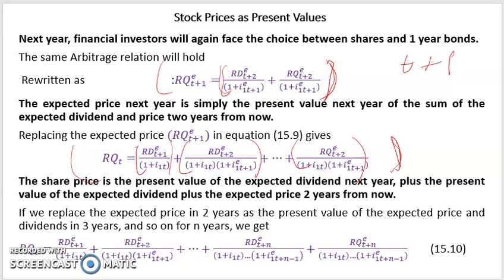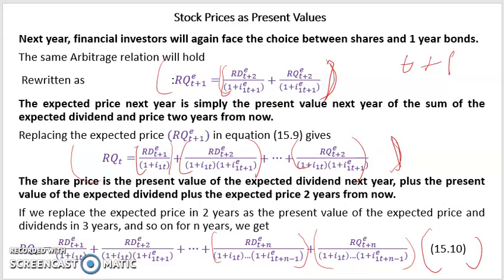And if we replace the expected price in 2 years as the present value of the expected price and the dividends in 3 years, and so on for n number of years, we get this expression, which represents multiple years or infinite years or whatever number of years we want to observe.